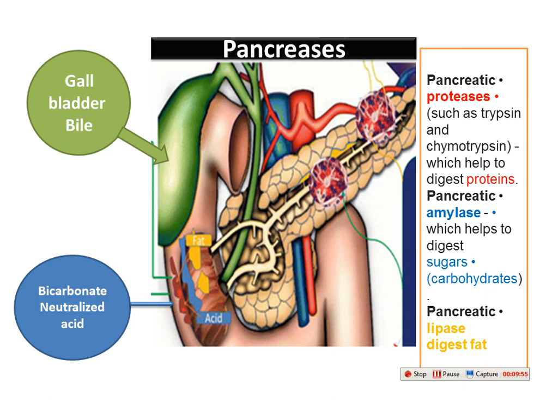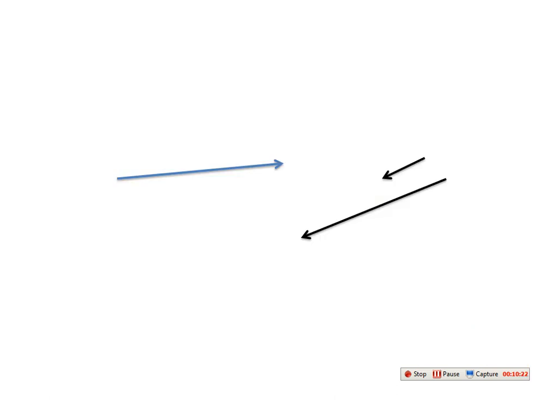Also the liver secretes bile which is stored in the gallbladder and condensed, and the main function of this bile is to emulsify the fat to prepare it for the action of the lipase. Also, the pancreas secretes bicarbonate to neutralize the highly acidic juice or chyme which it receives from the stomach.